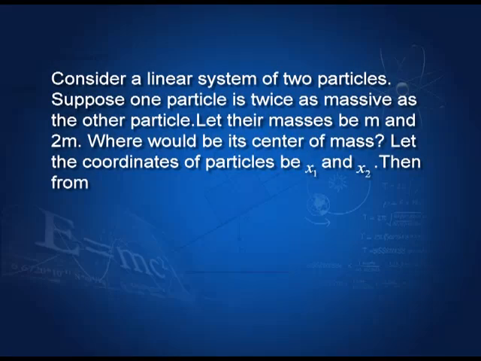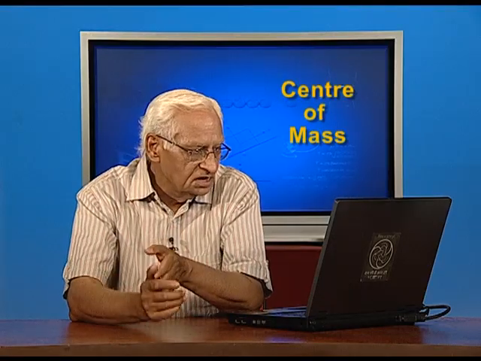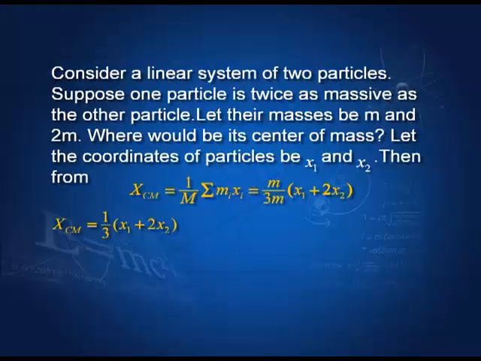Suppose one particle has twice the mass of the other particle. Then we can use our equations and we get xcm is 1 by 3 times x1 plus 2 x2. That is, x1 is the coordinate of particle 1 of mass m, x2 is the coordinate of the second particle with mass 2m, and xcm is 1 by 3 times x1 plus 2 x2.